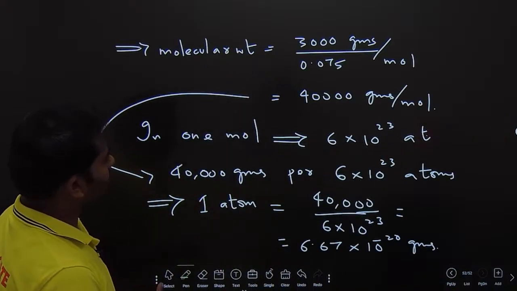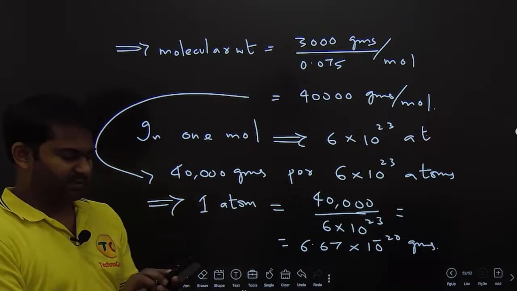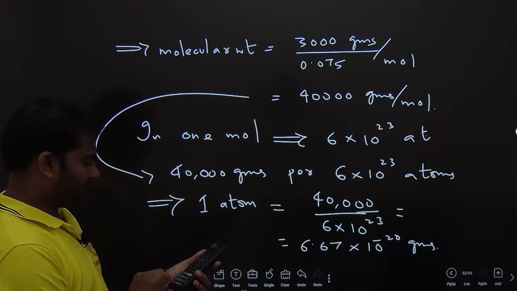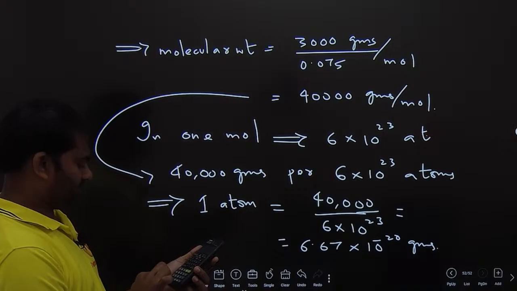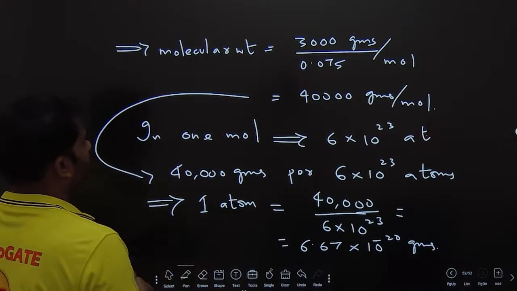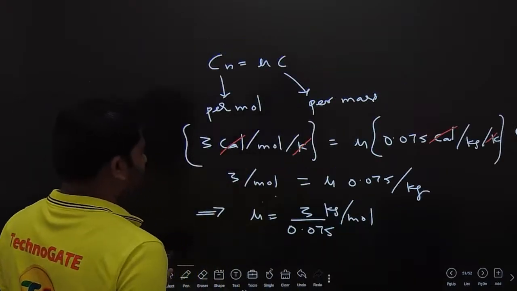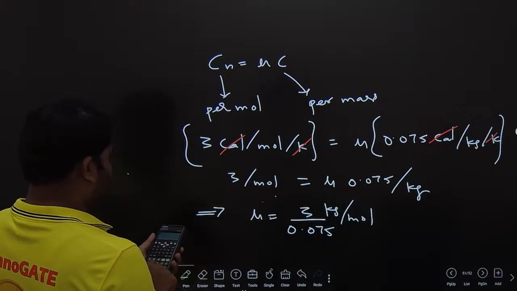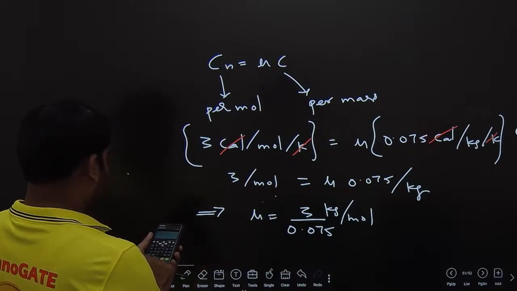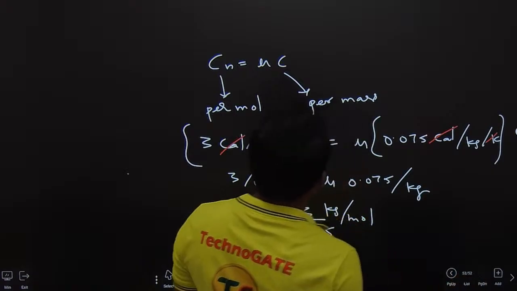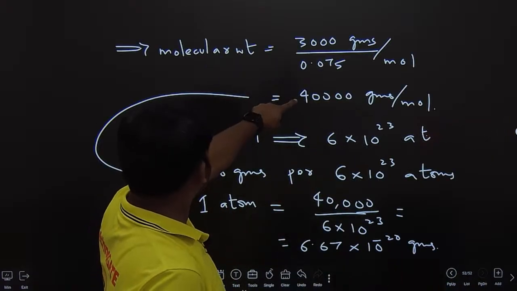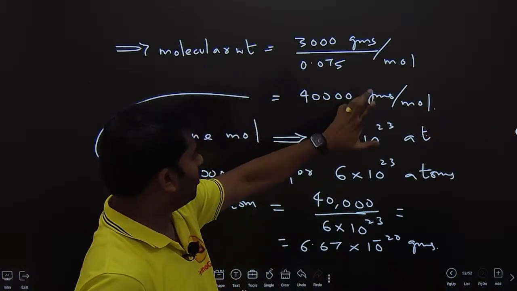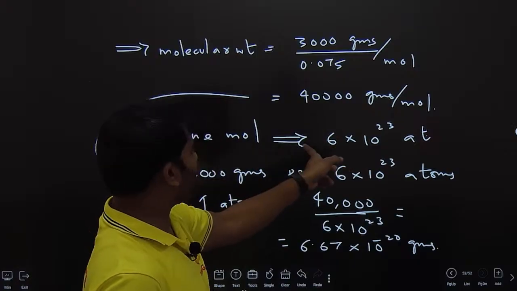So 3000 by 0.075, if it is simplified again, gives 40,000. So 40,000 grams is there per mole, and 1 mole is 6 into 10 power 23 atoms.